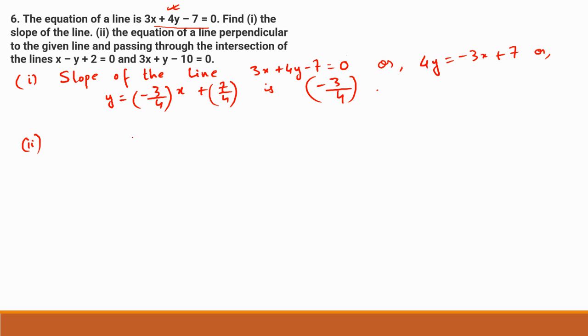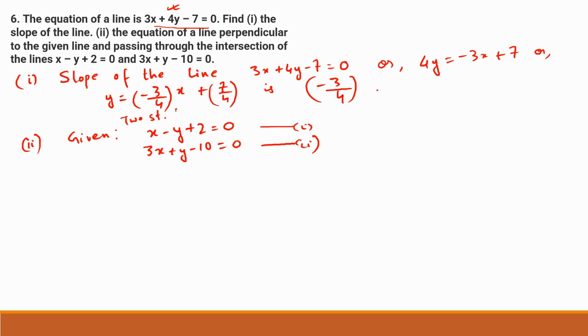Okay, so given is x minus y plus 2 equals 0. Let's consider this as equation 1. And given 3x plus y minus 10 equals 0. You can also write the given two straight line equations as shown below, so it will be more clear what these two equations are.